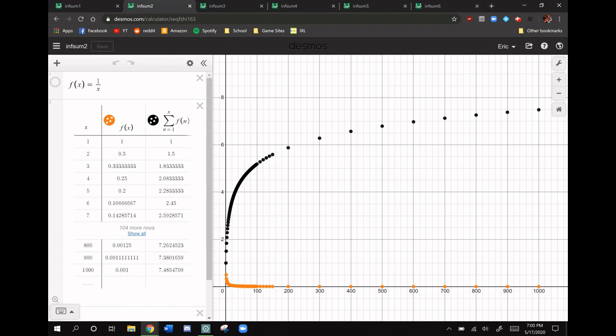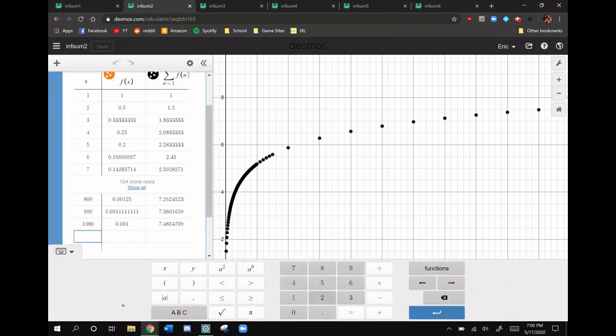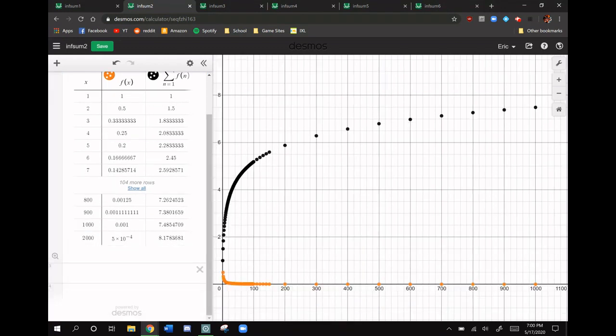But if you look, I'm at 1,000 and it's still going up by like 0.1 each time. If I put 2,000 in here, it'll still have gone up. So this one actually doesn't have a sum either. It just keeps getting bigger and bigger, really slowly, but it does keep getting bigger.